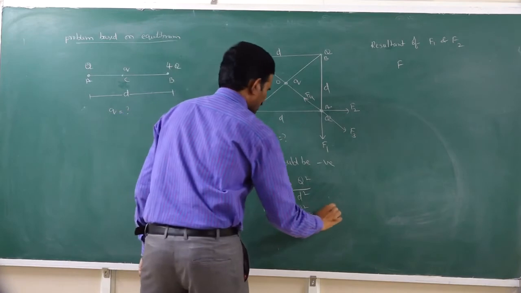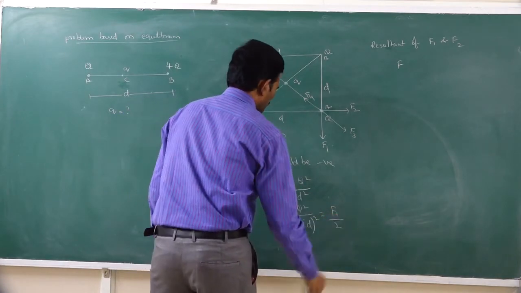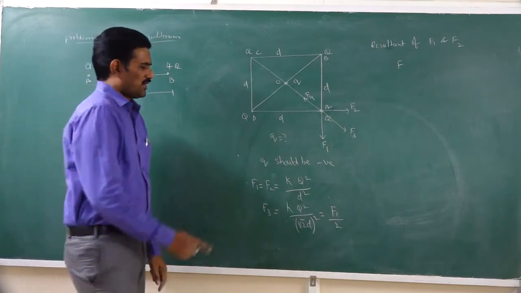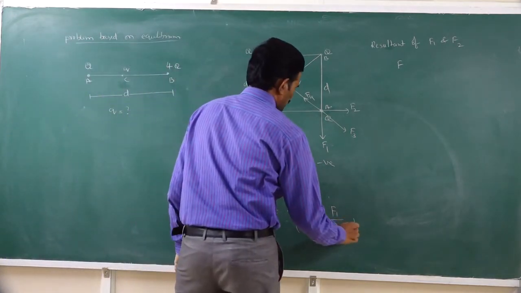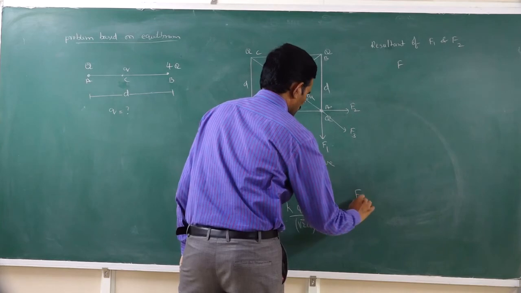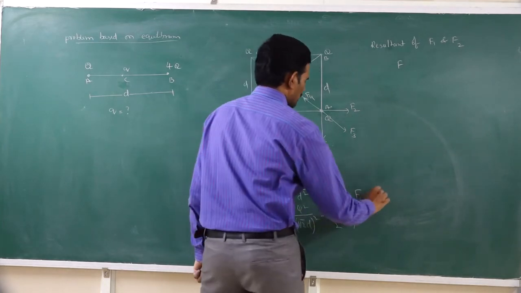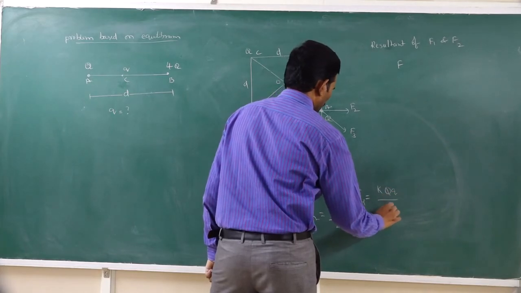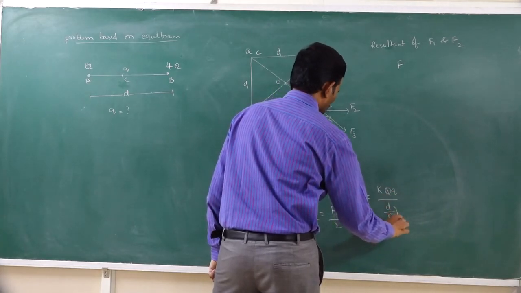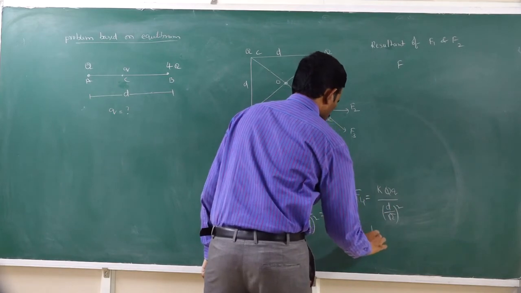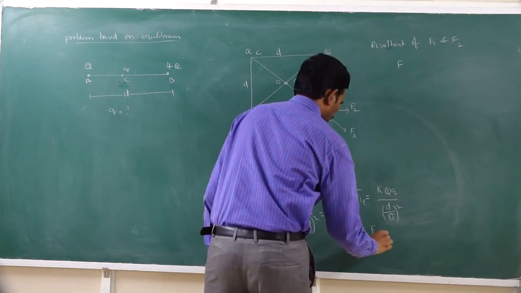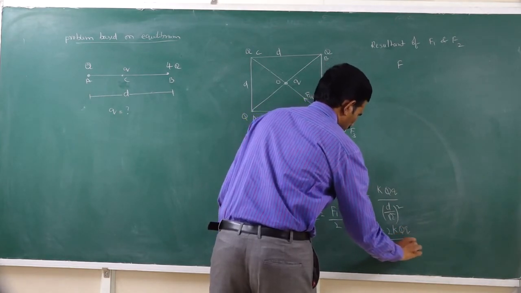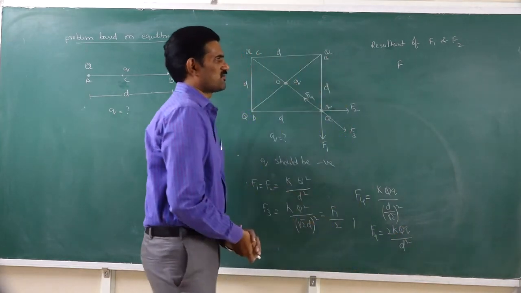And this value I can express as F1 by 2, because K Q square by D square is nothing but our F1. And next F4 value we can write here. So this F4 value we can write as K capital Q into small q by D by root 2 whole square, which you can express as 2K capital Q into small q by D square. These are the magnitudes of those forces.